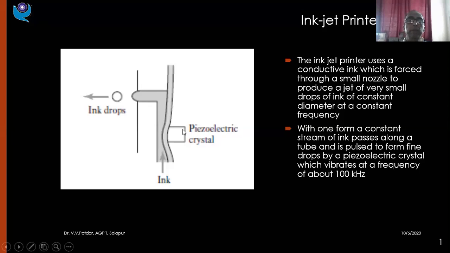So these piezoelectric crystals start vibrating, and accordingly the pressure is applied on the tubing and the ink drops come out from the nozzle, and this ink is supplied on the paper, where you see the letter being impressed on the sheet of paper.